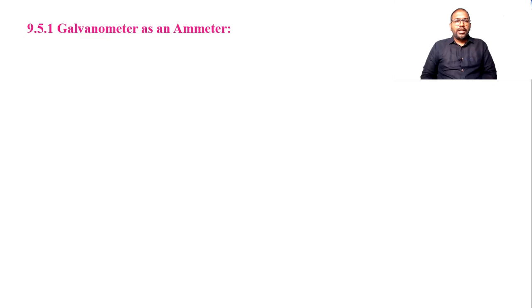Inside the galvanometer, we can see the pointer is at 0 and on both sides we can see the deflections. But they are looking similar. Now the question is, can we convert this galvanometer into an ammeter? They are looking similar, their principle is also similar, so the answer is yes, we can convert a galvanometer into an ammeter. Now, how we convert that we have to learn in this article.